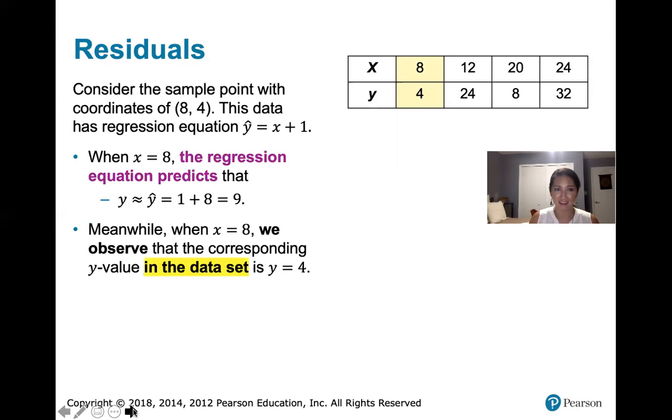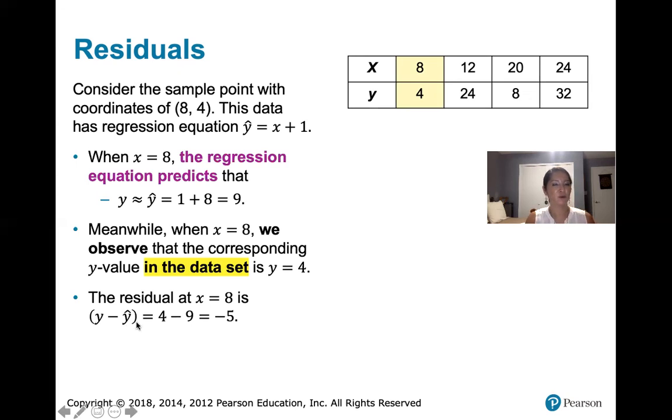But in our data set, when X equals 8, the Y value is not 9, it's 4. That is the observed value of Y. I like to call it the actual value of Y, the Y value from our data set. The residual is the difference between this Y value of 4 and the Y hat value of 9 predicted by our regression equation. The difference between Y and Y hat is -5.